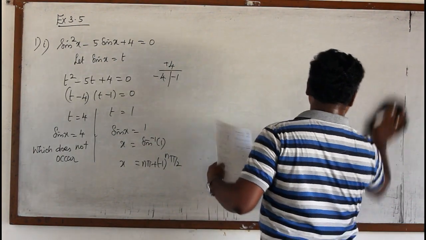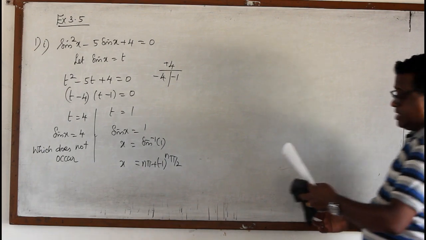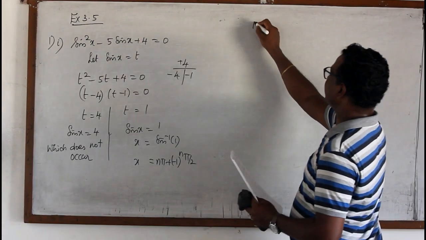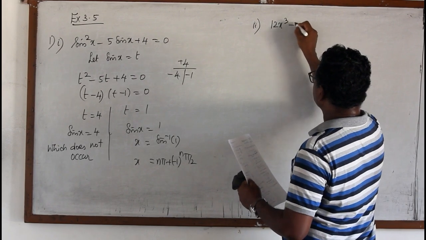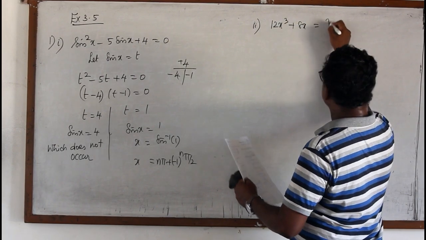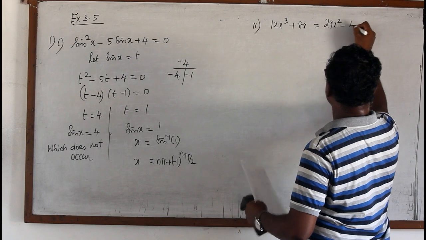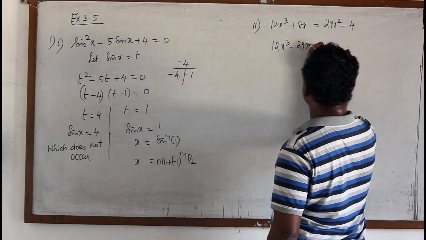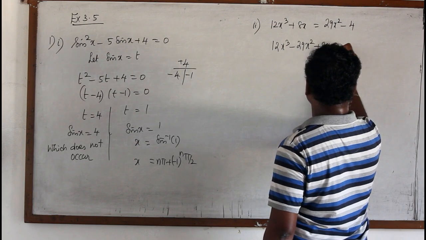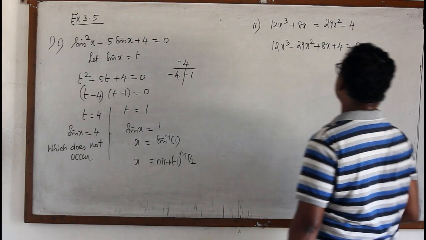Now we should go for the second problem under 1. Now second subdivision under 1. Solve 12x cube plus 8x equal to 29x square minus 4. It is 12x cube minus 29x square plus 8x plus 4 equal to 0.